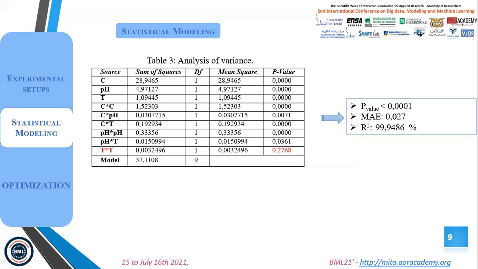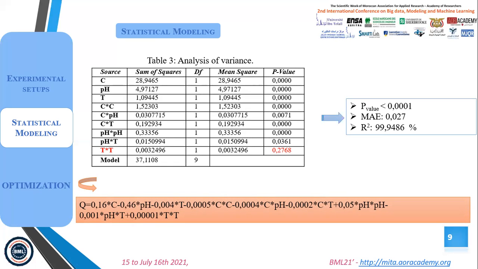Also, the model presents a p-value less than 5%, a low mean absolute error, and a high correlation factor. So this model describes well the studied adsorption process.